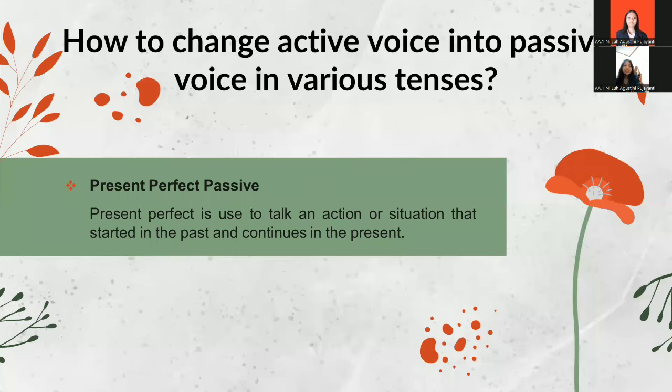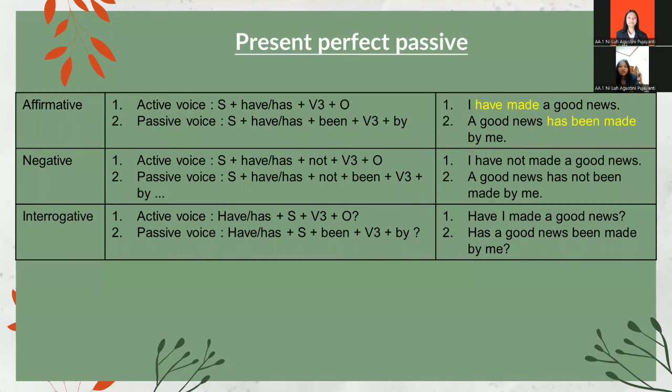And then present perfect passive. Present perfect is used to talk about an action or situation that started in the past and continues in the present. The structure of present perfect passive in affirmative sentence, active voice has structure subject plus have or has plus past participle or verb 3 plus object.